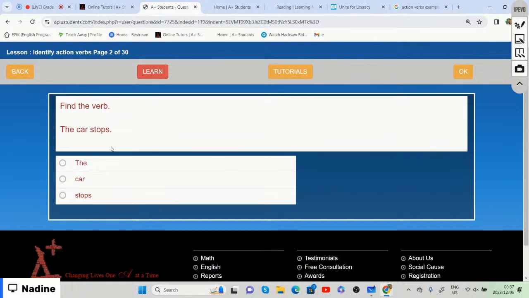The car stops. So the car stops. Is it car, or is it stops?